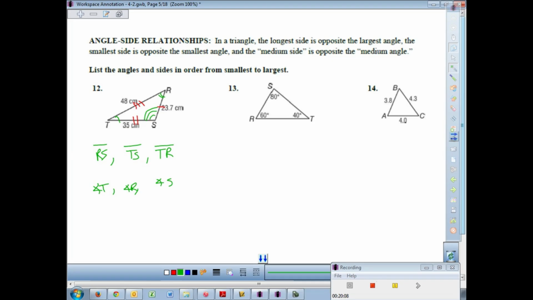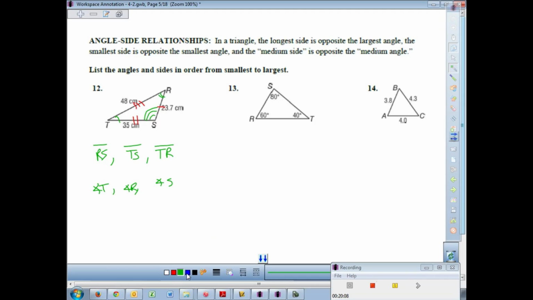When you're done, you could check if you did it right. If this is the short segment, segment RS, which letter is not involved with segment RS? T, isn't that the angle that we had right here? This is segment TS, which letter is not involved with segment TS? R. Segment TR, which letter is not involved in segment TR? S. There's only three letters possible, right? So that's how you can tell real easy that it's correct.